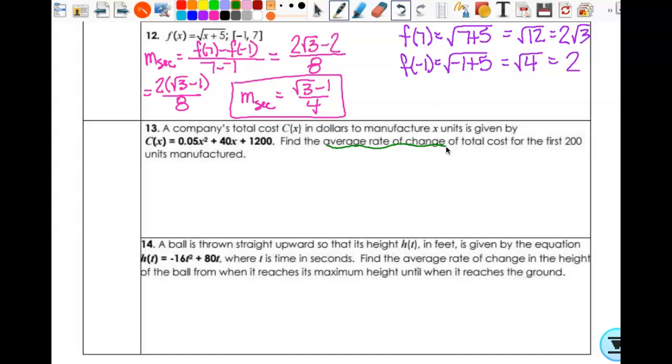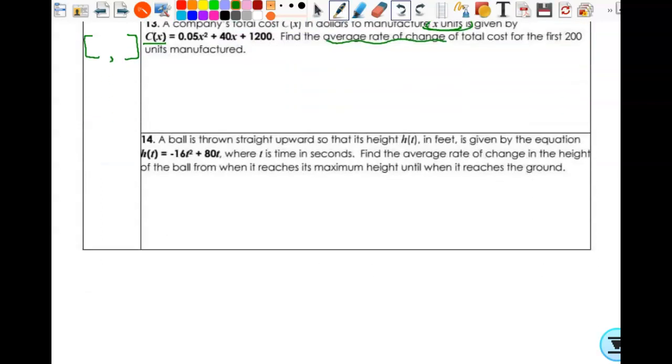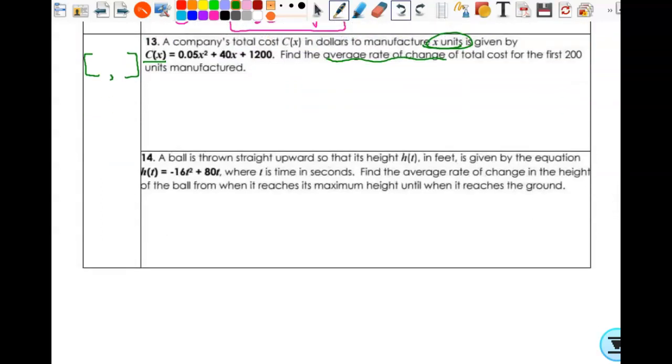Okay, so in order for me to find the average rate of change, I have to have an interval for the domain, right? I know that my Y is C of X, right? What is X in this question? X units. Right there. X is the number of units, okay?